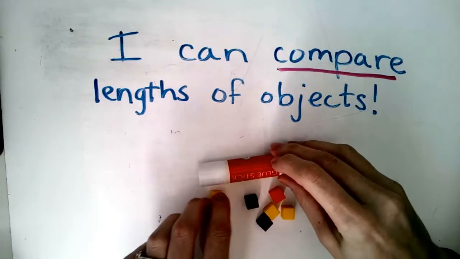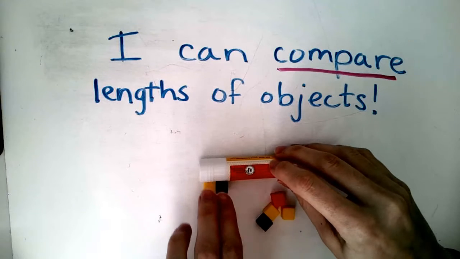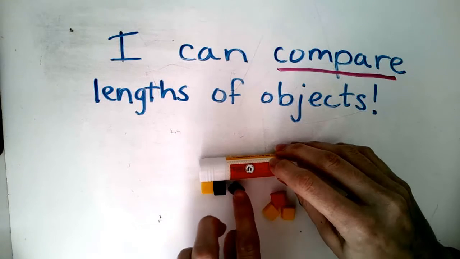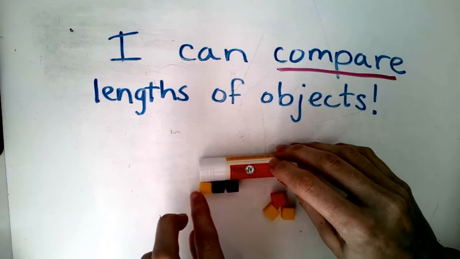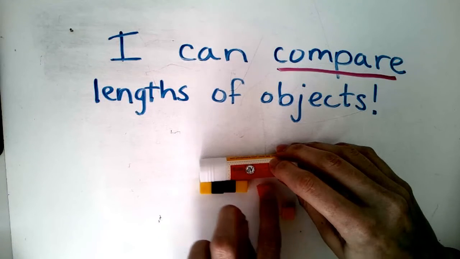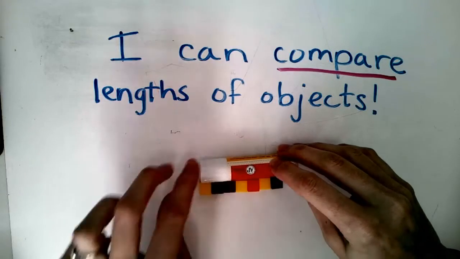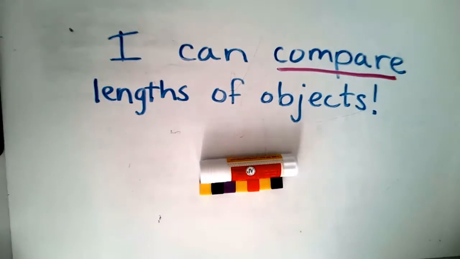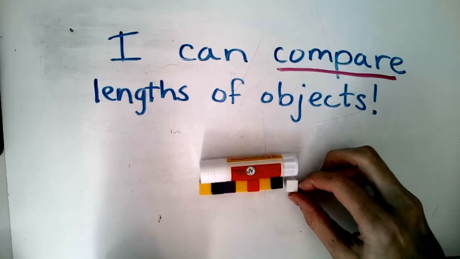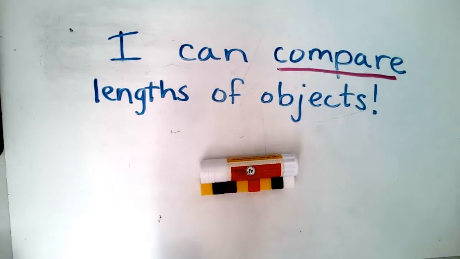I'm going to start with my end point, and I'm going to gently start moving these cubes right up against it to measure it out. There we go. Now they can stop my glue stick from rolling for me. That looks good. I have my end point, awesome.